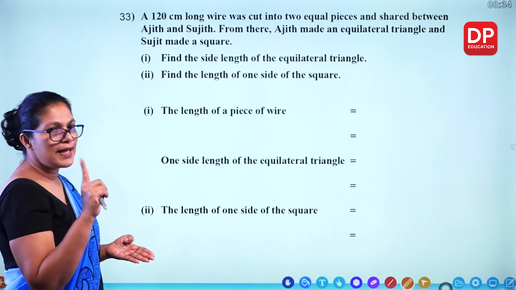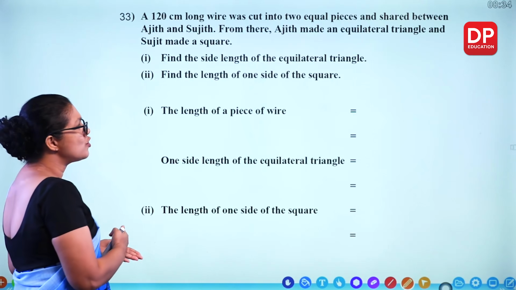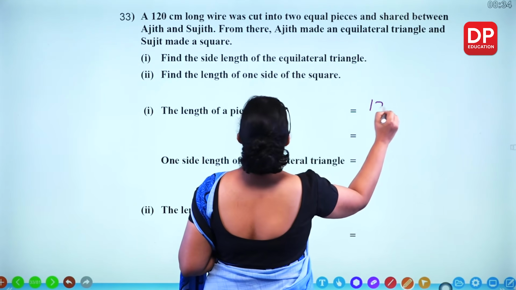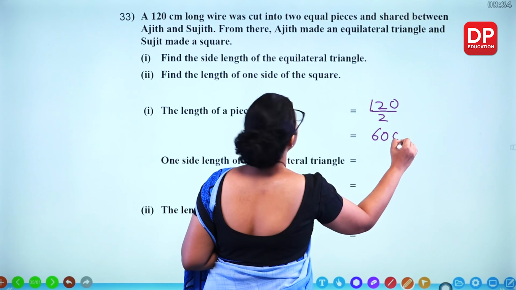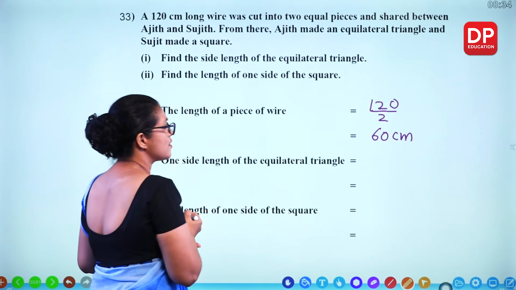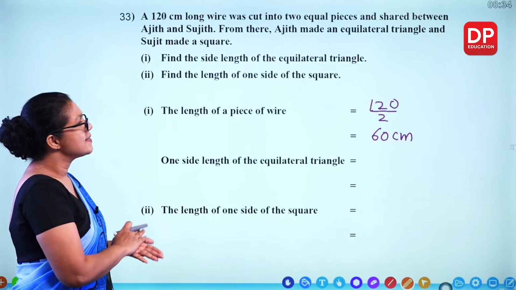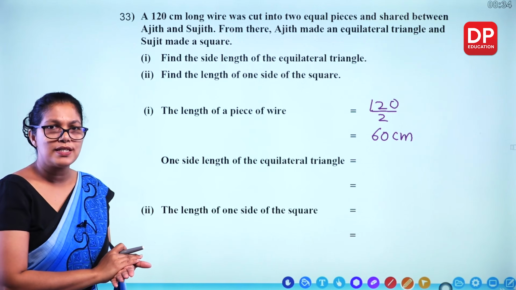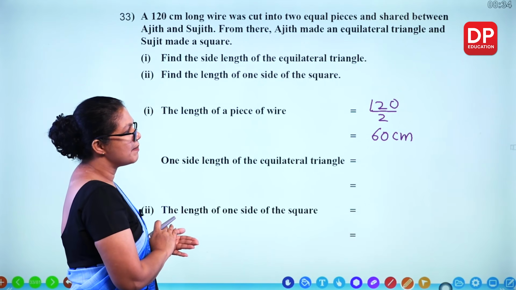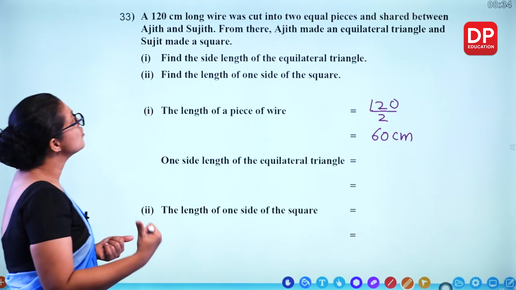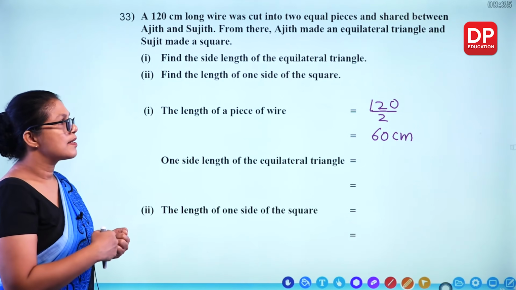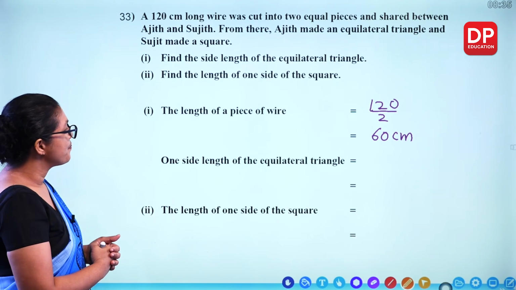So what is one piece? It's equally divided into 2 parts. So 120 divided by 2, that's 60 centimeters. So Ajit has 60 centimeters and Sujit also has 60 centimeter wire.